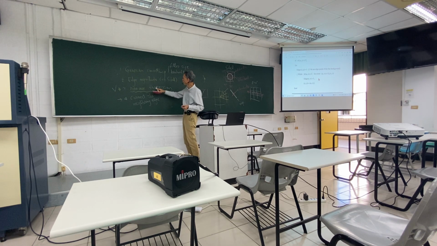And it's fine for non-maximal suppression because it retains only the local maximum. We don't need any threshold. But when you try to connect the neighboring edges, we need what? We need the high threshold and also the low threshold.